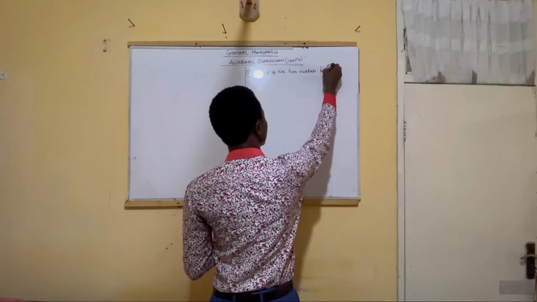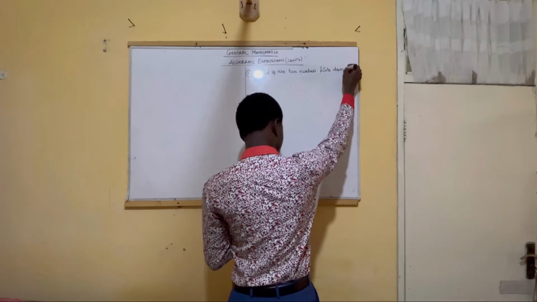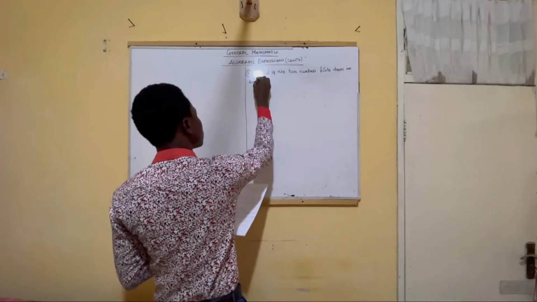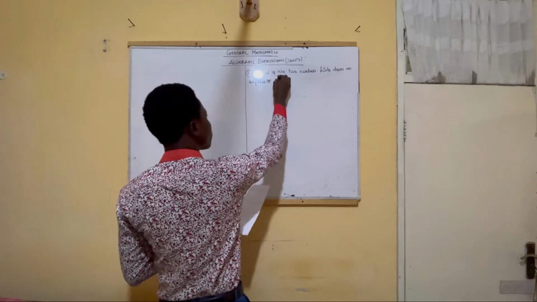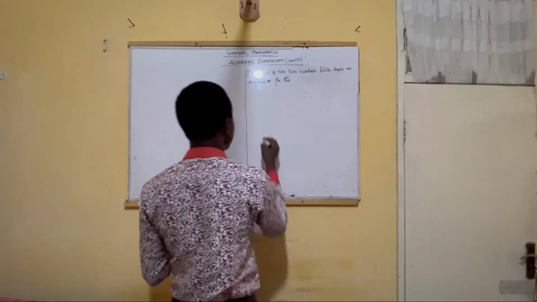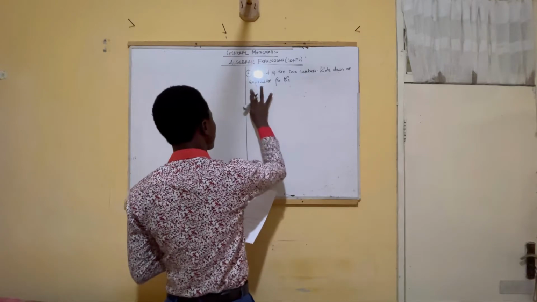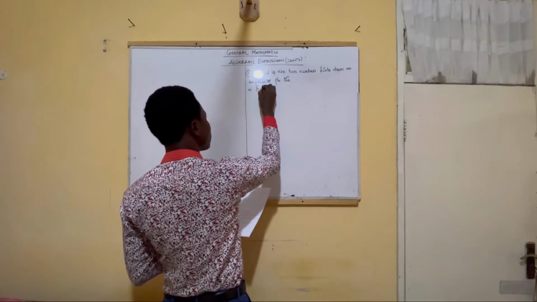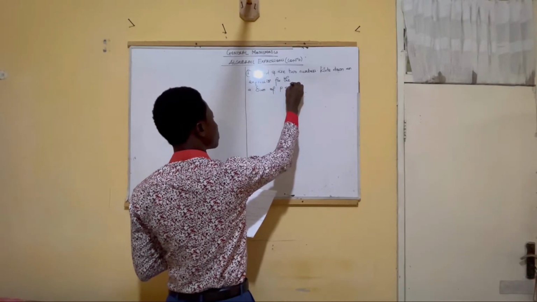Write down an expression for the, okay, so this is the main question. A: the sum of P and Q.